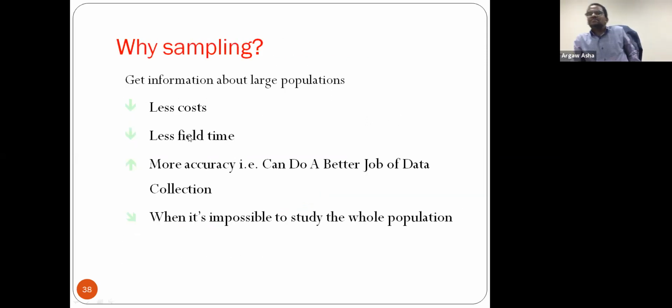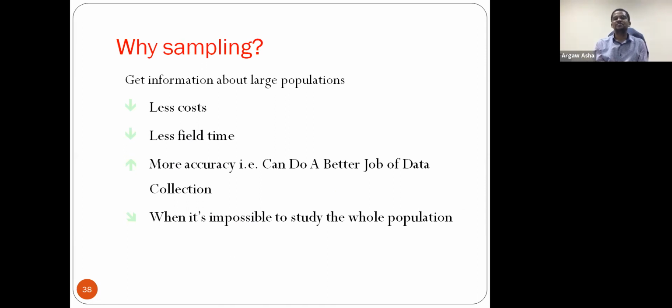Why sampling? Why can't you do your research without sampling? One thing is that whenever you are getting information about large populations, you have less cost and less field time. If you want to study, for instance, the whole Addis Ababa city or the whole of Adama or Awasa or Mekelle, it is very difficult.